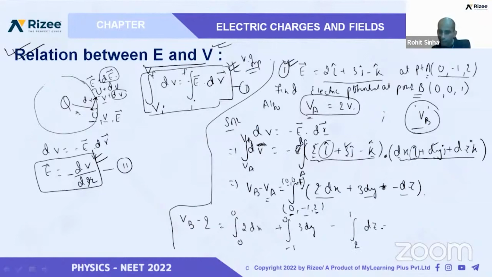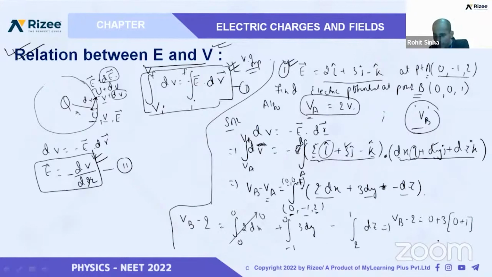What are we getting from here? We will get VB minus 2 is equal to, limit 0 to 0, we will get 0 from here. First term 0, plus second term 3 into dy integration. We can replace it by 0 minus minus 1, that means plus 1.